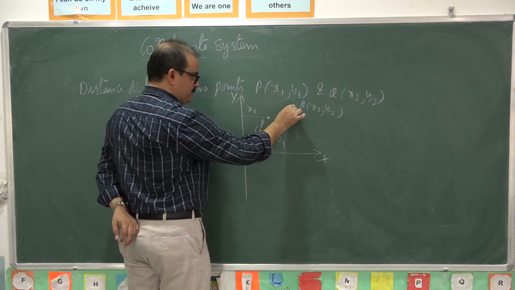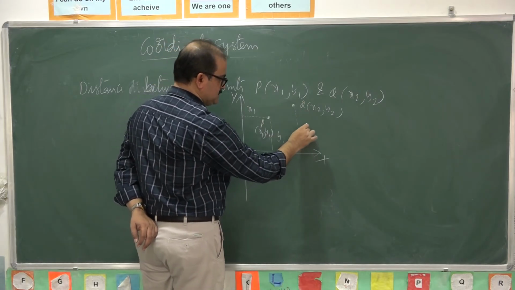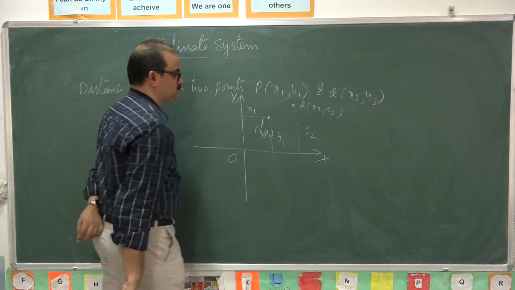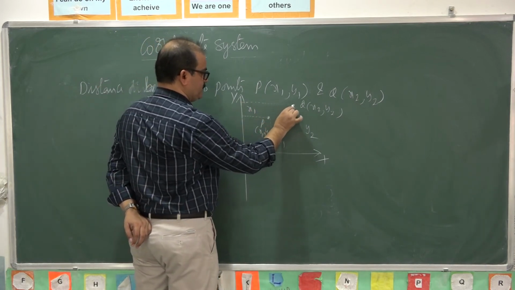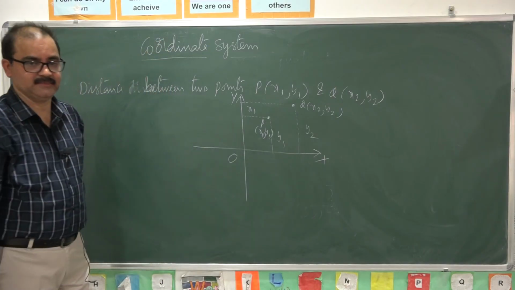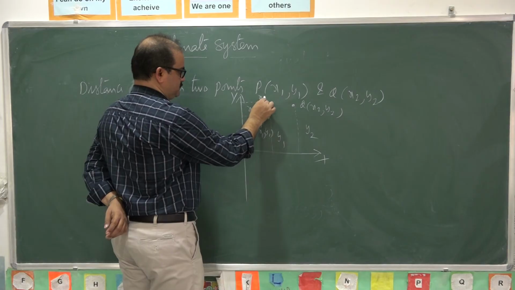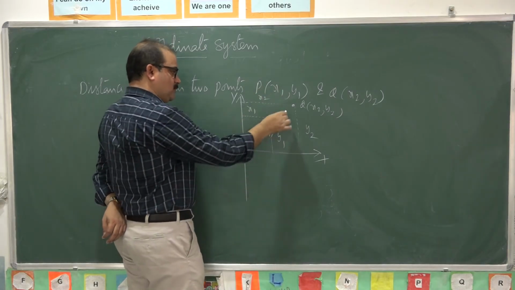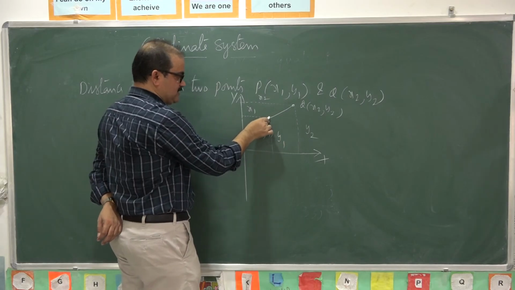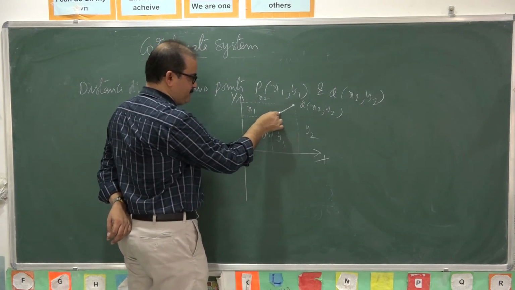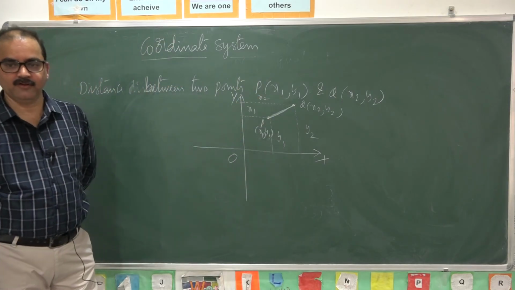Next, similarly, distance of Q from x-axis is y coordinate, y2. Distance of Q from y-axis is x coordinate, x2. Now here we want to find the distance between these 2 points P and Q, this length PQ, that we want to find here.